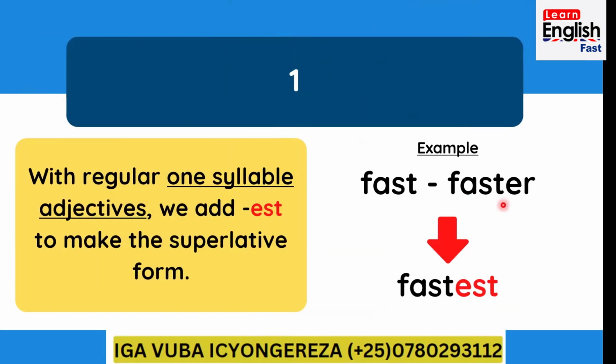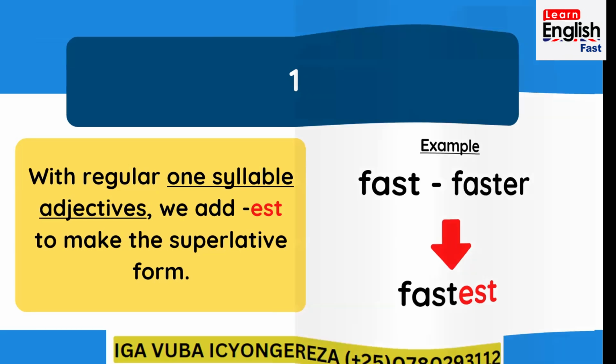Muri comparative twabonye ko biba faster, and in superlative it becomes fastest. Aho duhita tugira fastest, ya nyuma ya t twongeraho est, faster, fastest. Tuvuga ngo fast ni ukora ibintu vuba, noneho fastest ni vuba cyane. Wenda turi kugereranya n'ibintu bitatu, ubwo icyo kiba kihuta gusumbya ibyo bindi bibiri bisigaye.